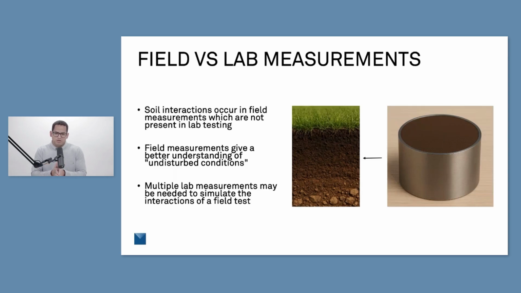When we're taking samples to go do lab measurements, we're typically taking them from specific layers in the profile and then bringing them back to do measurements in the lab. And so really there, you're then segregating different layers of the soil and not really seeing what that entire interaction looks like. And there's other things that can also impact how lab measurements really compare with things that we see in the field.